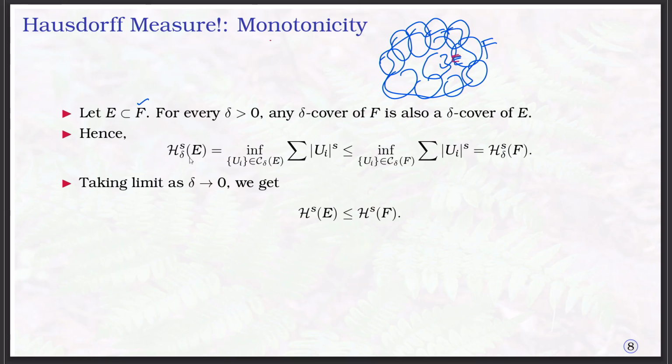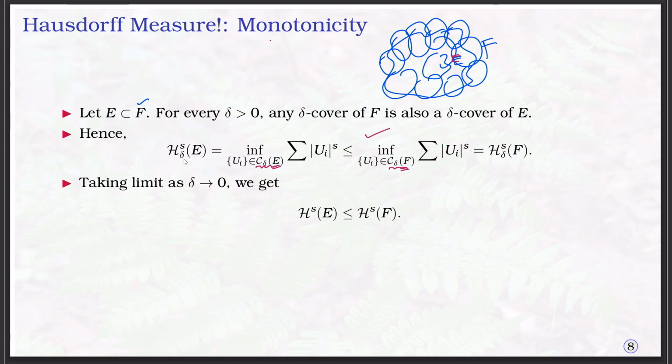Hence, H delta S of E can be written as the infimum, over all covers of E, of the summation of modulus of ui to the power S, which is less than or equal to the infimum over all delta covers of F of the summation of modulus of ui to the power S. Since every delta cover of F is a delta cover of E, the cover of E is contained in the cover of F, therefore the inequality holds.